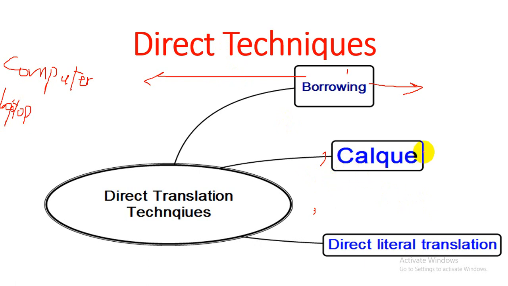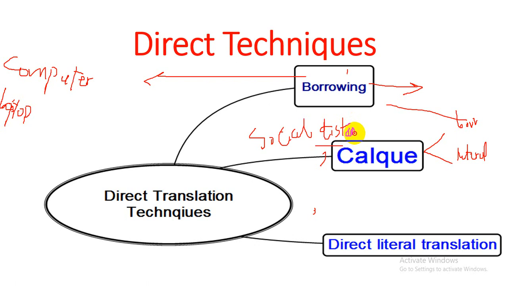What is calque? Calque is a combination of borrowing and literal translation. What do you mean by that? If we have an expression like, for example, social distancing, which is common nowadays given the coronavirus problem.